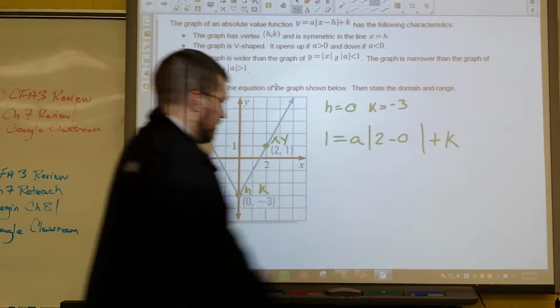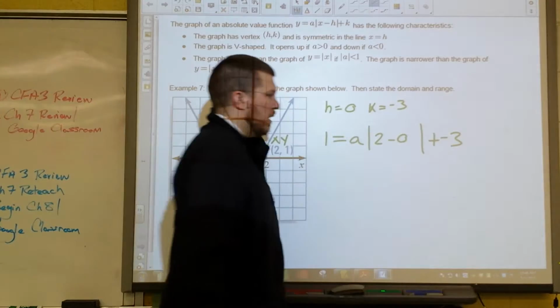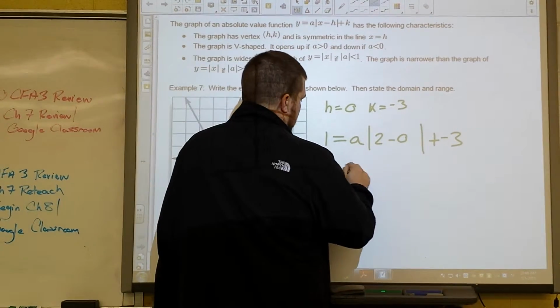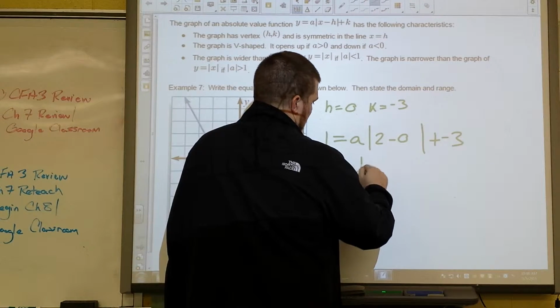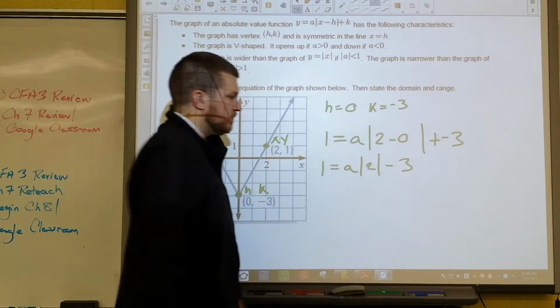And our k was negative 3. Now I want to clean this up as much as possible, so I have 1 equals a times 2 minus 0, so the absolute value of 2, positive and negative is negative, so minus 3.